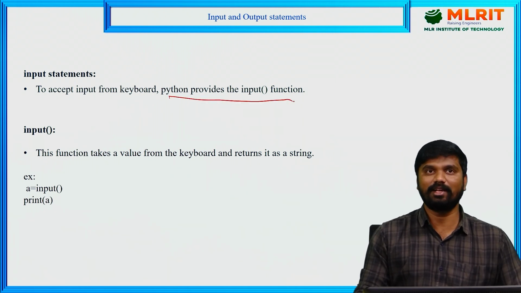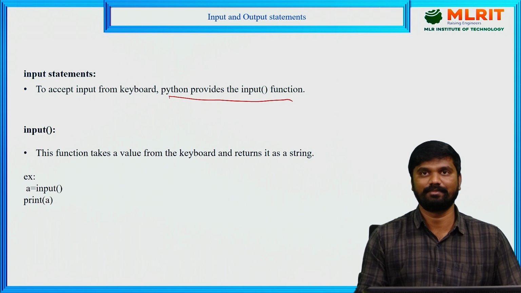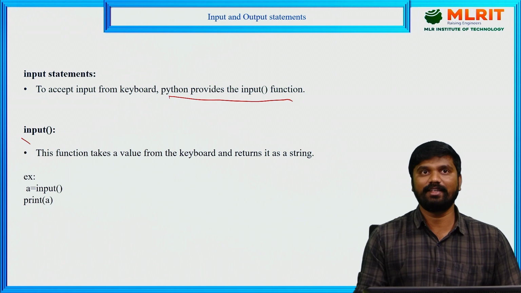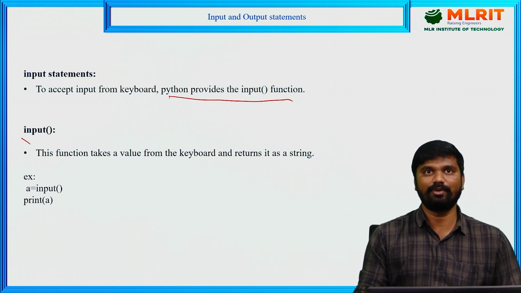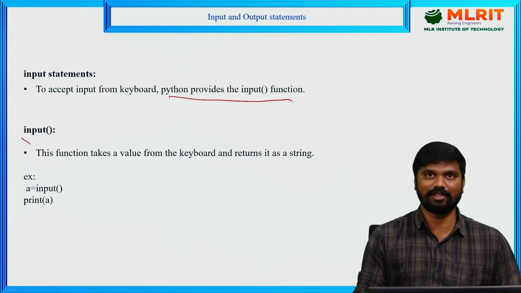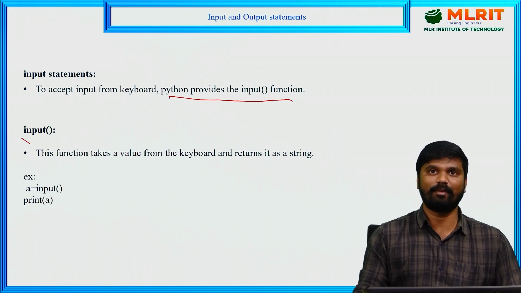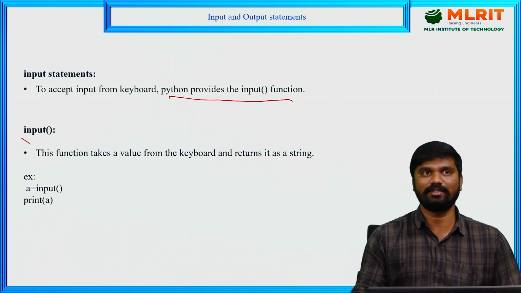Python provides the input function. The input function takes a value from the keyboard and returns it as a string. That means whatever value you enter from the keyboard will be accepted as a string and returned as a string.